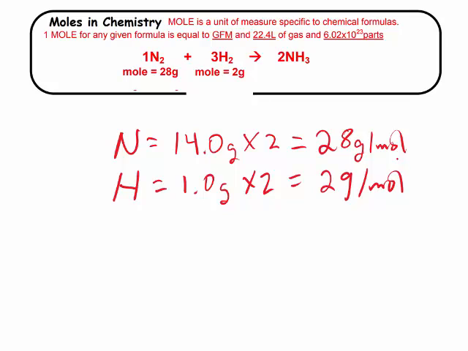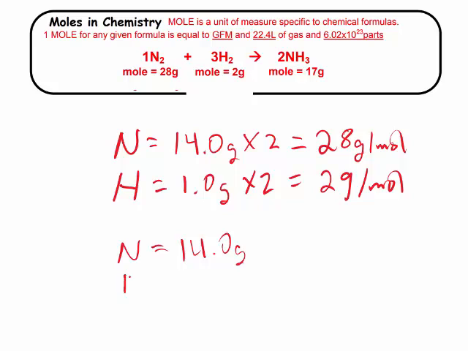Remember that GFM is always equal to 1 mole, so the unit that I would say for GFM would be gram per mole, right? And the last substance in this equation right here is the ammonia, and the ammonia has a GFM of 17, right? So we can figure this out. We've already got the numbers here. I know that the ammonia is going to have a nitrogen, which is equal to 14.0 grams.